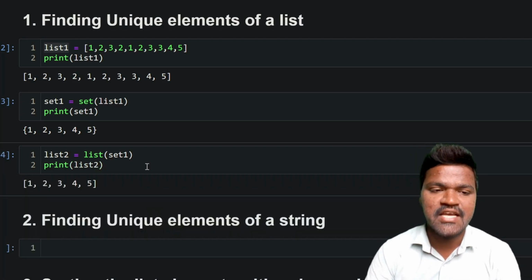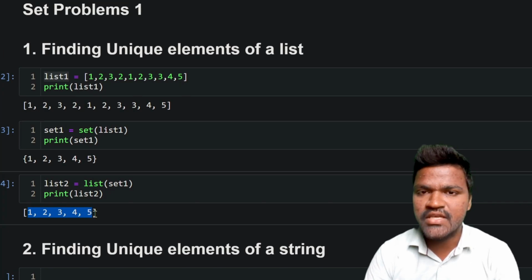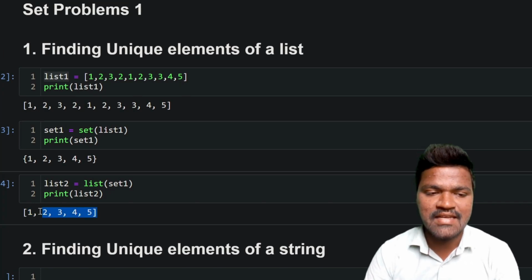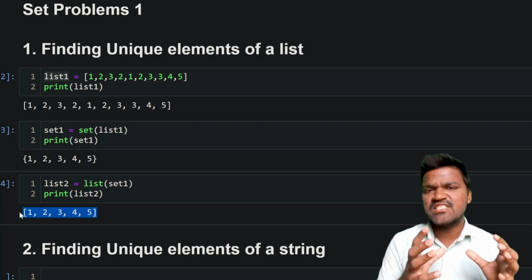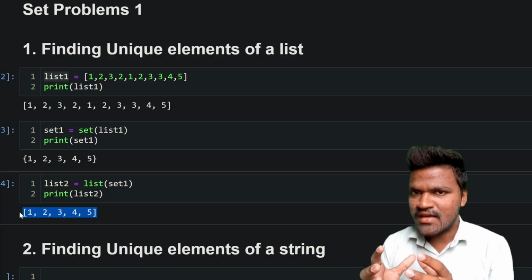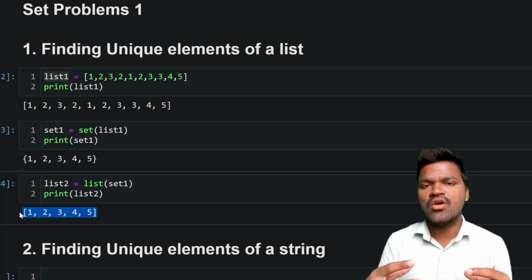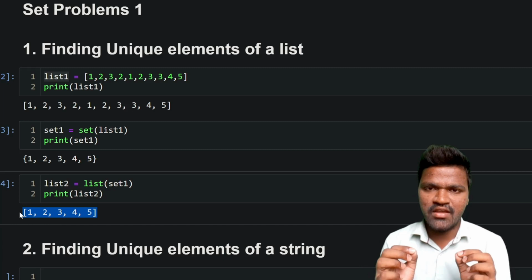If I execute this, we can see all the elements that we have, which are nothing but unique values of this list. So by typecasting list to set, we can remove all the duplicates in the list, and we can convert this set to a list, and we can have all the unique values of a list.